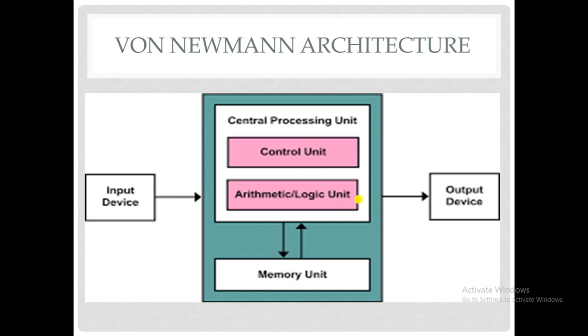Let's see the architecture. The components of the von Neumann architecture include the input device, the central processing unit, memory unit, and output device. The central processing unit includes CU and ALU. CU means the control unit and ALU means arithmetic logic unit.